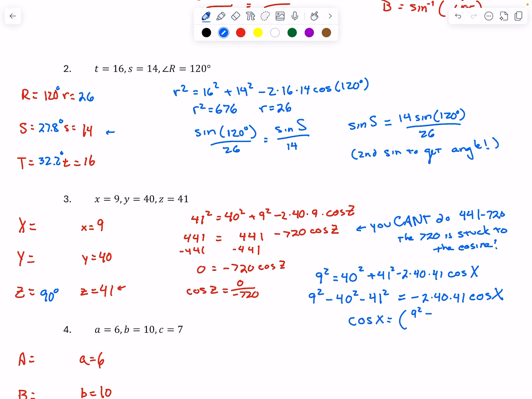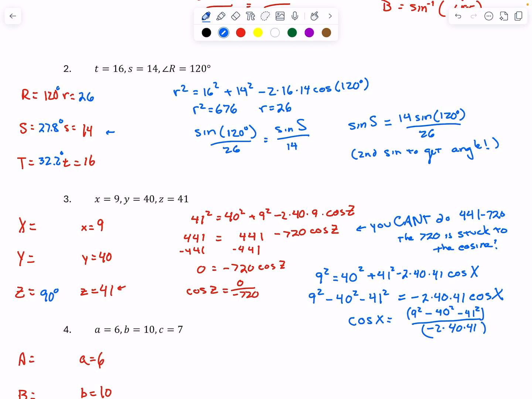So it's the side across from the angle, x squared minus the other two squareds, over negative 2 times the other two. And parentheses around the top and the bottom. Let me get rid of the extraneous parentheses and make that prettier.